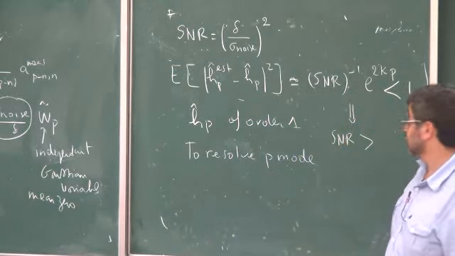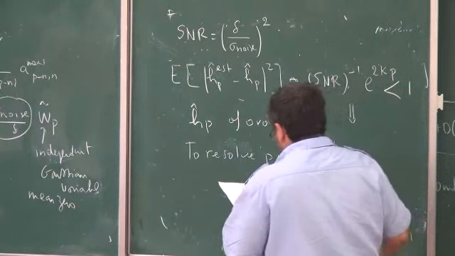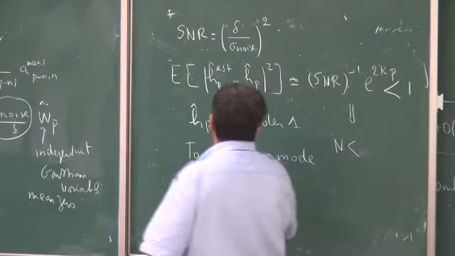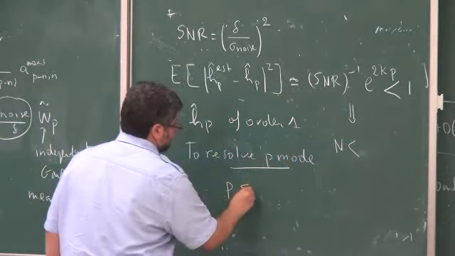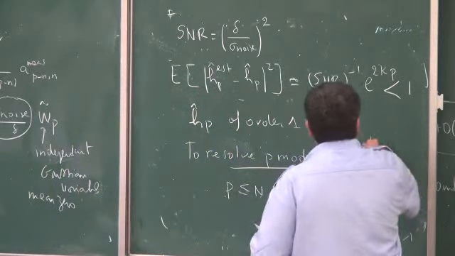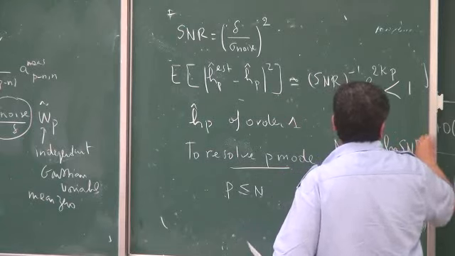If you take the log, you resolve the mode p. Actually, you can resolve all the modes up to n if n is smaller than 1 over 2 kappa log of the signal to noise ratio.